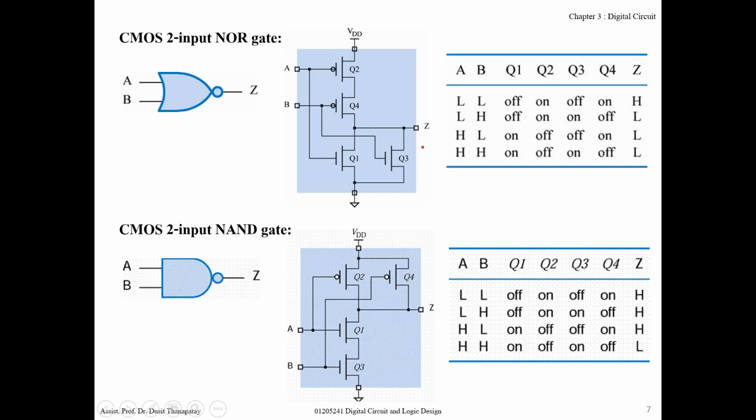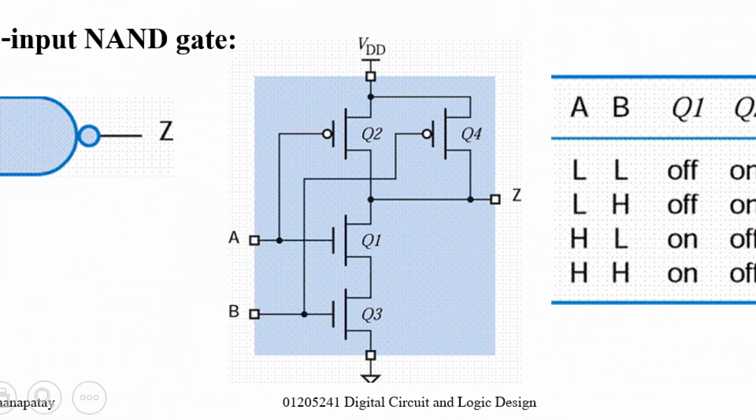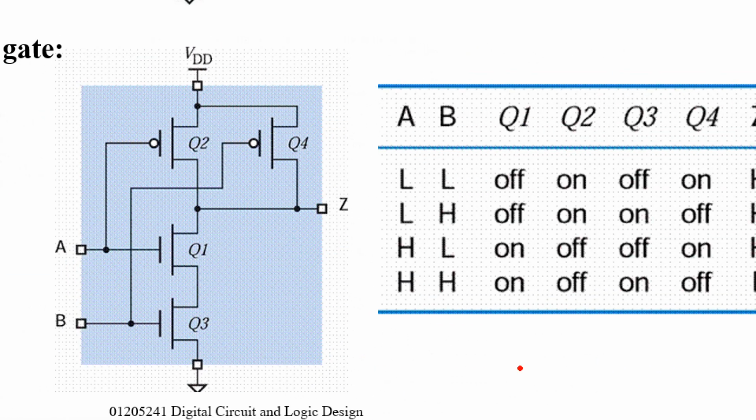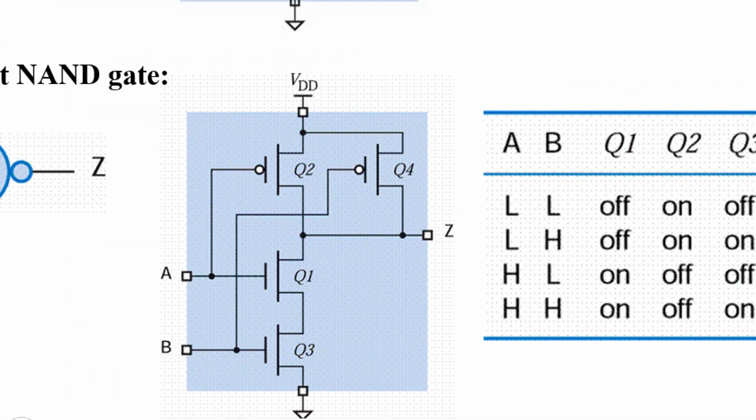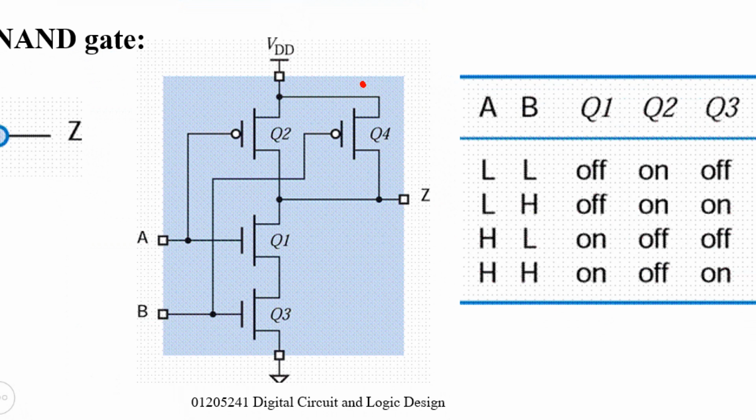So let's try to use this method to analyze the circuit. If you analyze the upper part of the circuit, Q2 and Q4 connect in parallel, right? That means output Z will connect to VDD, or output Z will be 1, if and only if this one turns on or this one turns on.